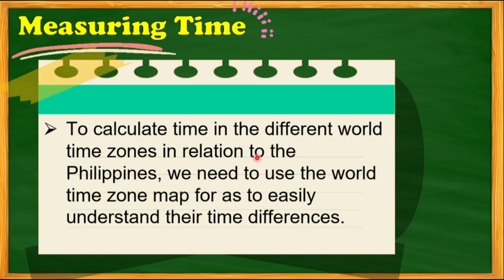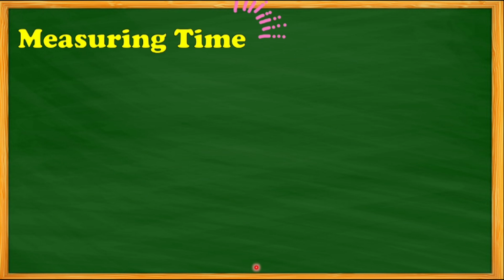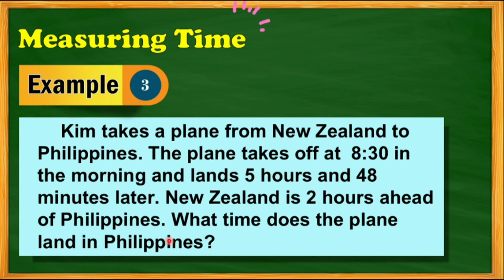So to calculate time in different world time zones in relation to the Philippines, we need to use the world time zone map for us to easily understand their time differences. So for example, to further analyze that topic, Kim takes a plane from New Zealand to the Philippines. The plane takes off at 8:30 in the morning and lands 5 hours and 48 minutes later.